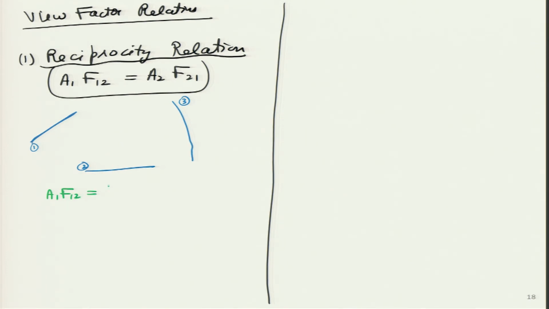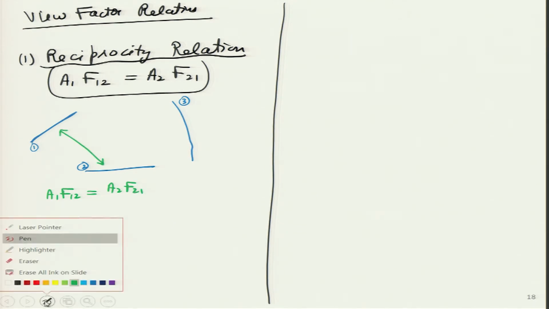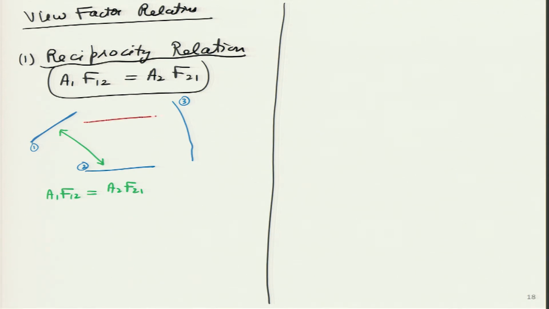A1 F12 is equal to A2 F21. This is between surface 1 and surface 2. Now, I can write between surface 1 and surface 3 another one: A1 F13 is equal to A3 F31. And similarly, between surface 2 and surface 3, A2 F23 is equal to A3 F32.